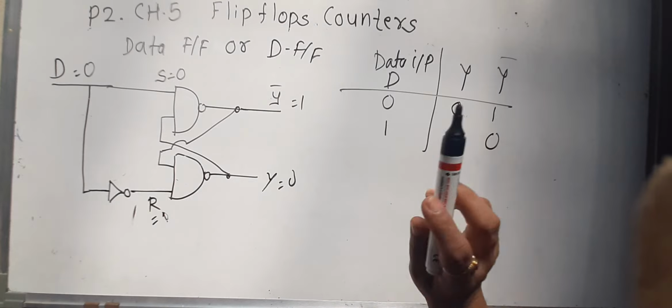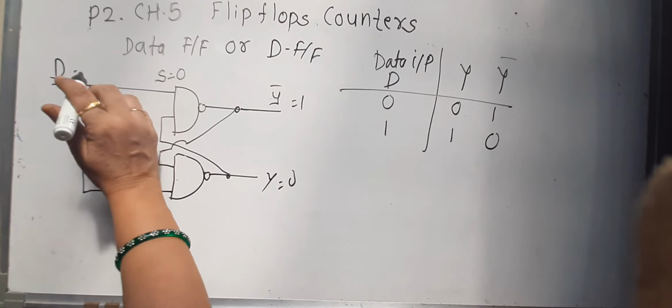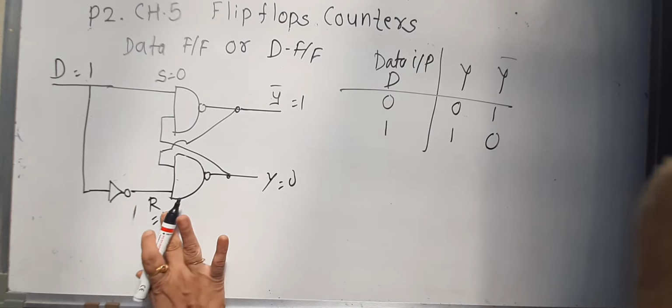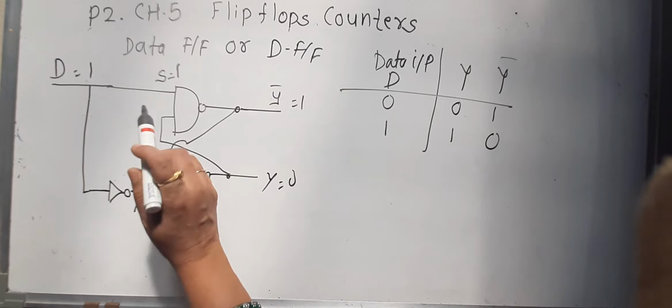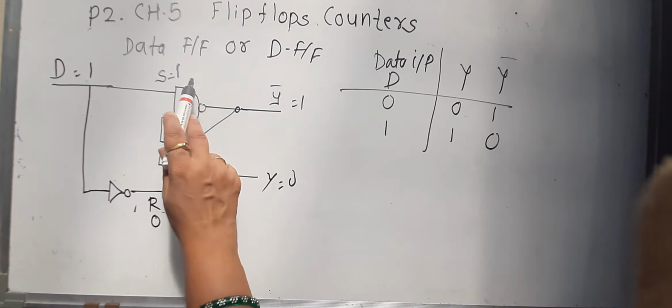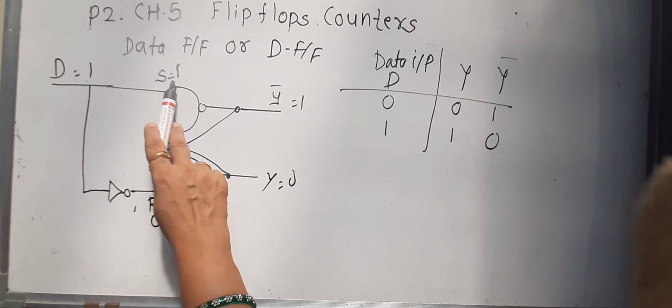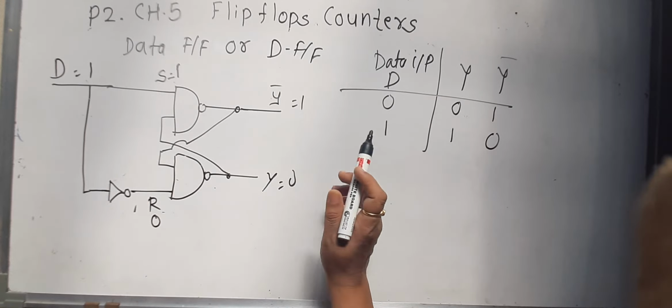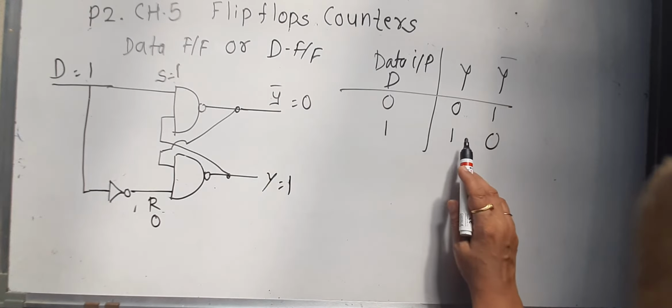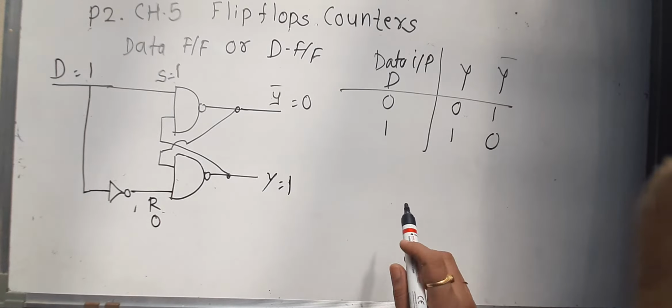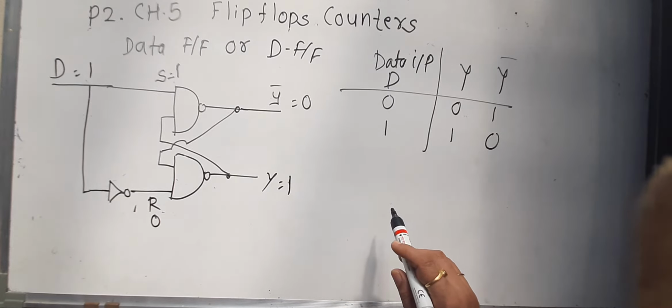And when D equals 1, this 1 becomes 0 here. So S becomes 1, meaning a set pulse is given to this latch. So as the set pulse is given, its output Y will become 1, Y bar will be 0. So this is how this flip-flop works.